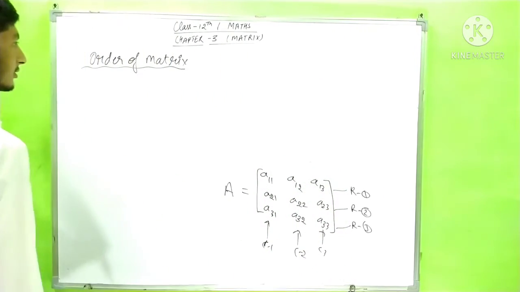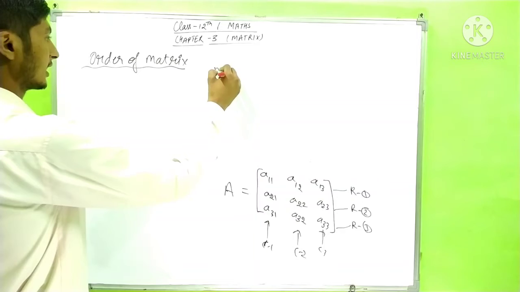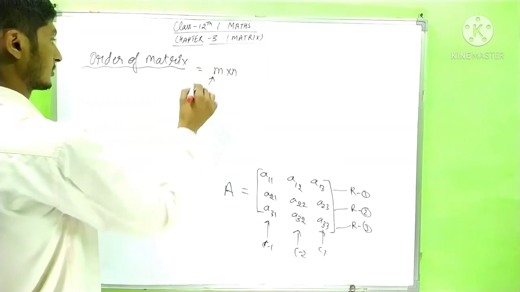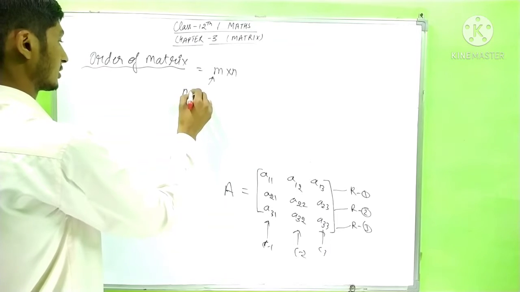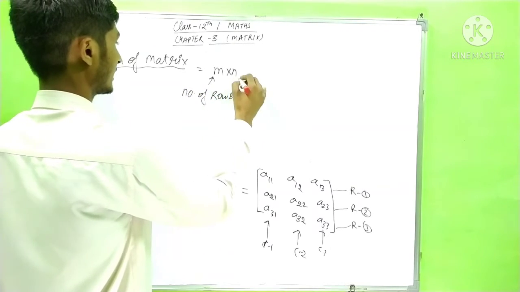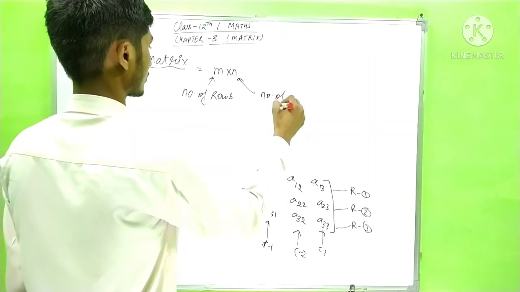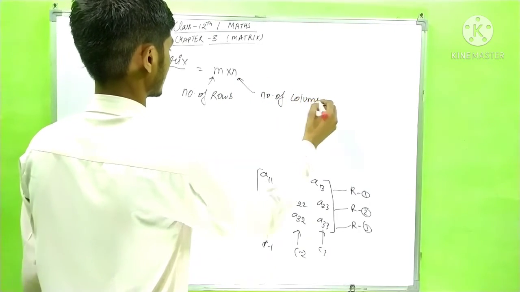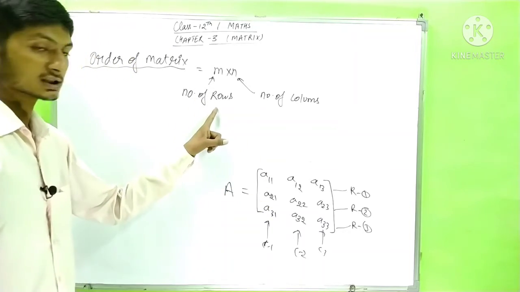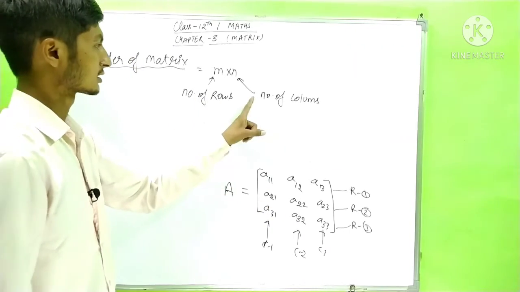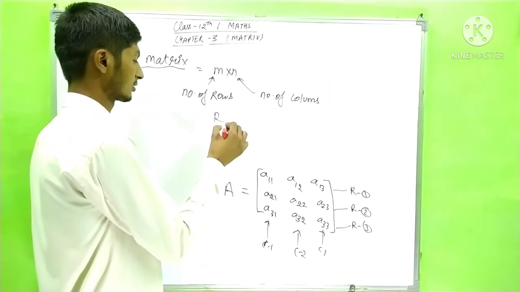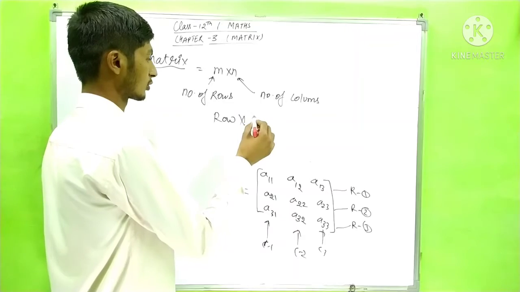So the order of matrix is m by n, where m is the number of rows and n is the number of columns. In the order of matrix, always we write first the number of rows and second the number of columns. So order is given by row by column.